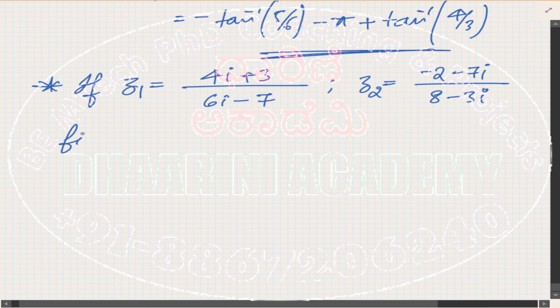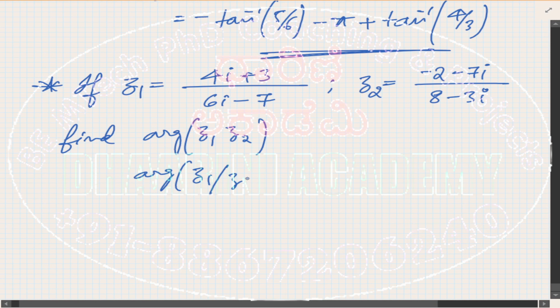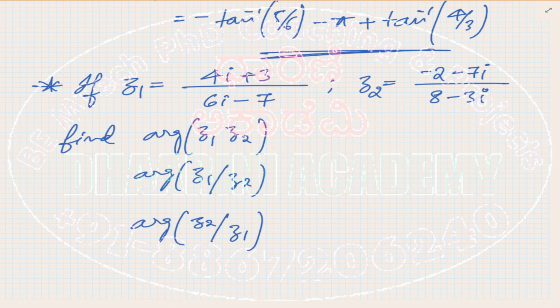Find arg Z1 Z2, arg Z1 by Z2, arg Z2 by Z1. Very similar to the previous case. Okay, please try to solve this.